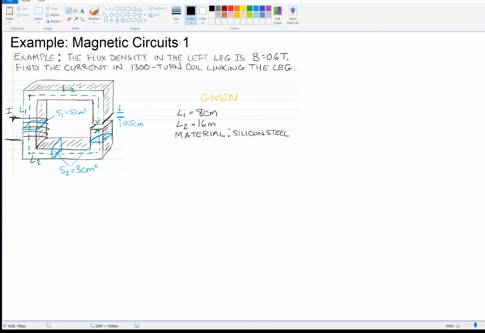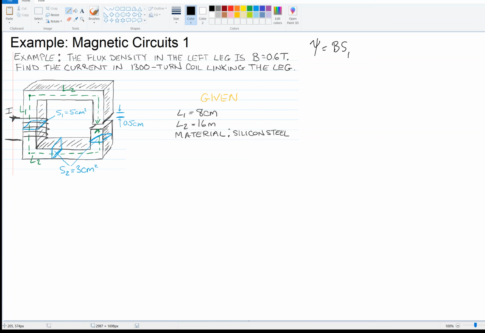The reason this is so cool is because we can set up a circuit and use our circuit analysis. First of all, I'll point out that the flux through the left leg, which is the flux through the entire material, is B times S1. Why is that? Well, B is the flux density.